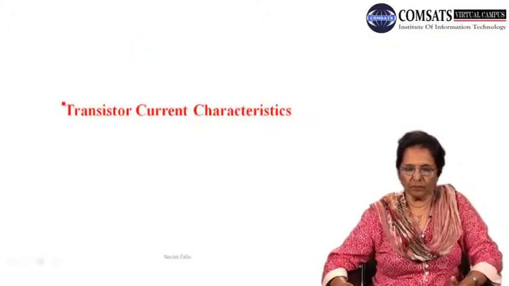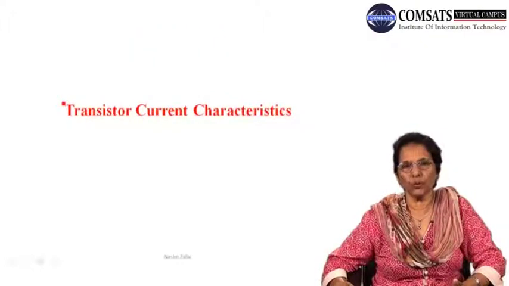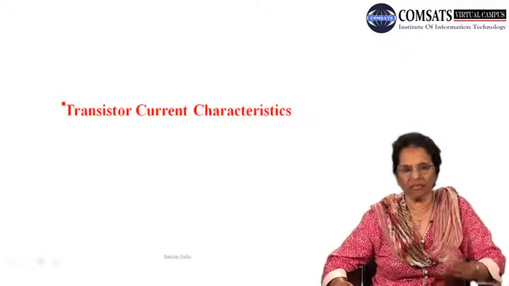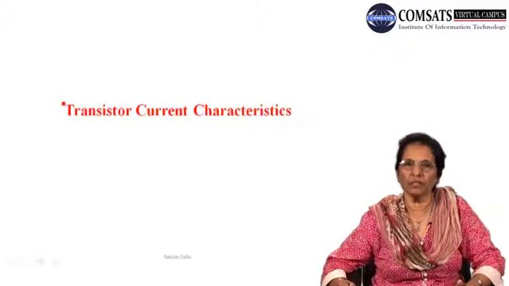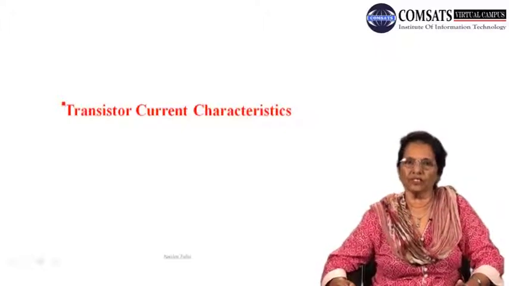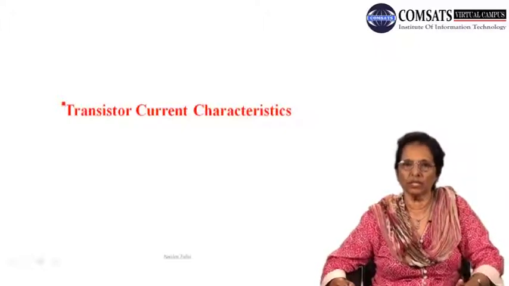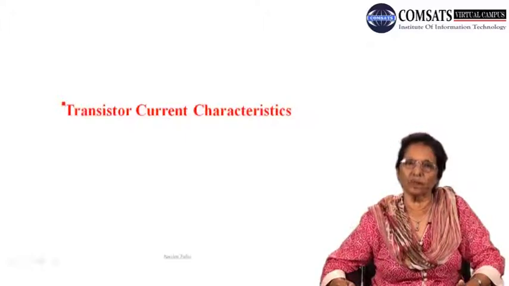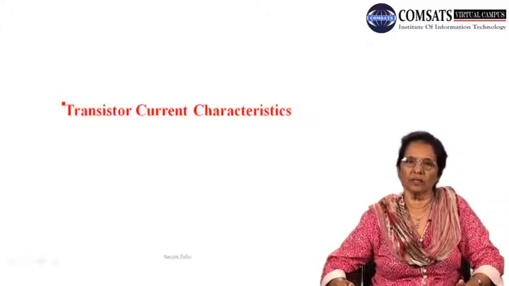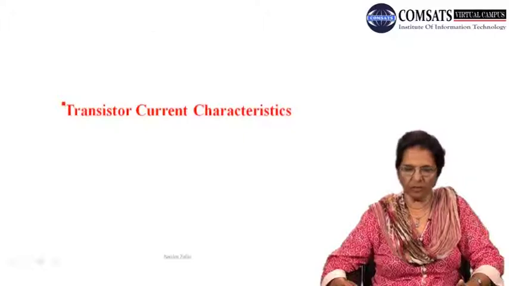Having discussed this, we will start with the analysis of the IV characteristic of a bipolar junction transistor. IV characteristics are, as you know, the behavior or the variation of the currents flowing in a transistor in response to various biasing modes which we apply to the transistor.